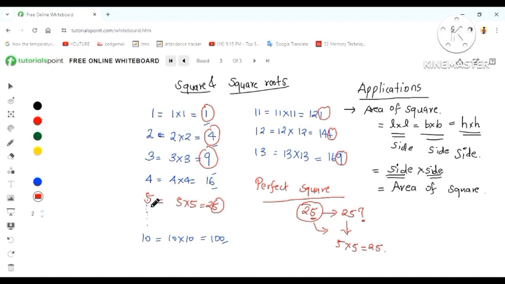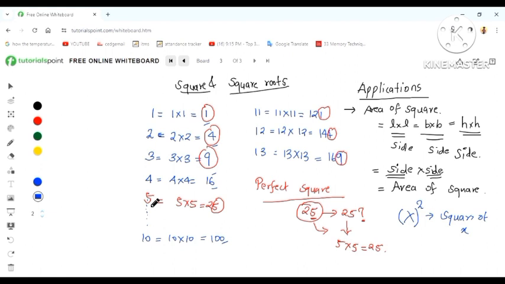And how do you represent a squared number? Simply by putting 2 in the power. Let's say here is a number x, and you have to represent it in square form. You simply put brackets on x and give it the power 2. It means square of x.